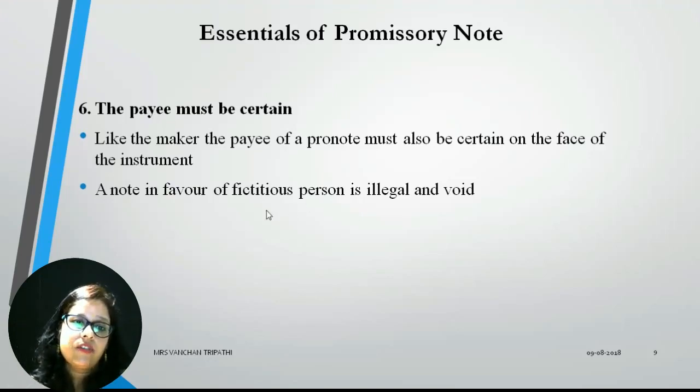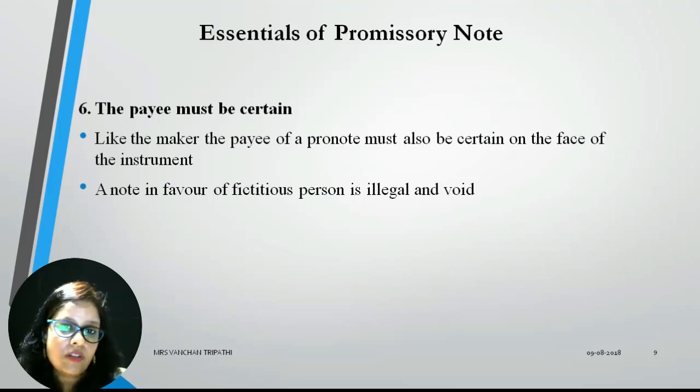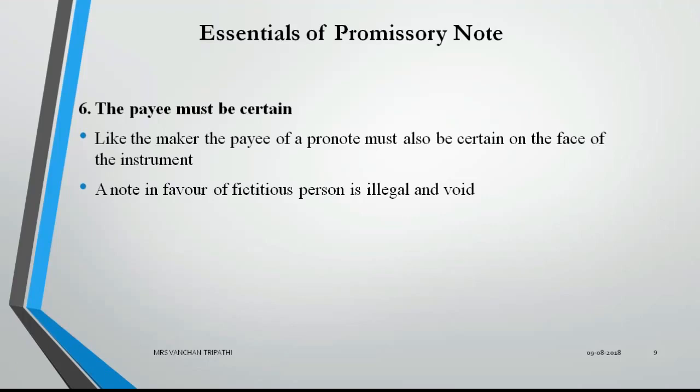Any fictitious person is illegal and void. If you want to make a promissory note for any imaginary personality, that will be invalid and illegal, because a valid promissory note requires a certain payee to whom you are going to pay the amount.